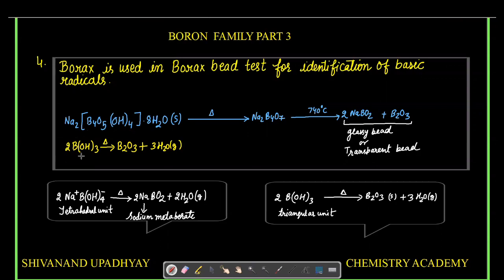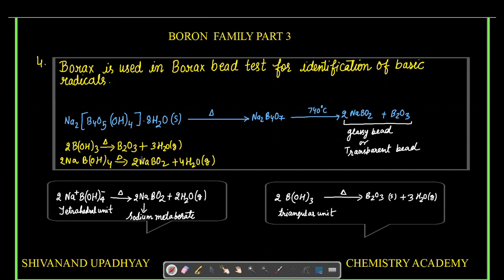In the same way, I can say that there are two molecules of NaB(OH)4. If I am heating this, there is formation of two molecules of NaBO2 by removal of water molecules. Four water molecules will be removed in the form of gas.